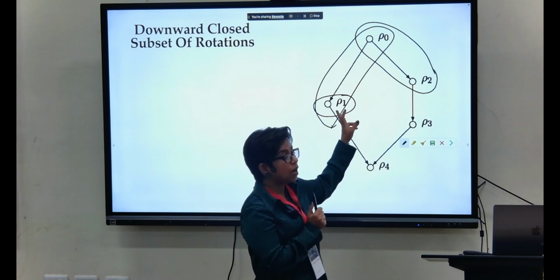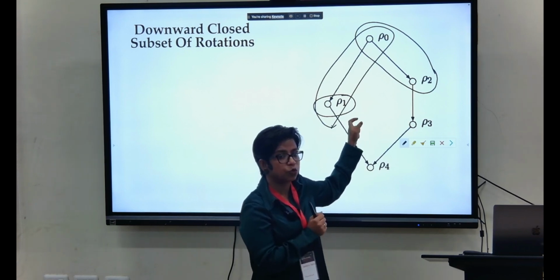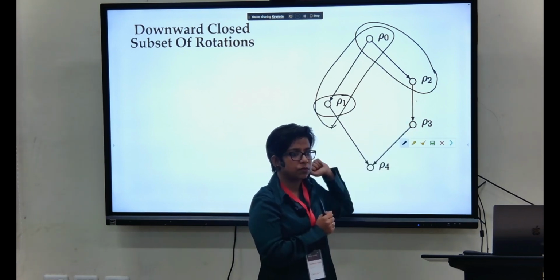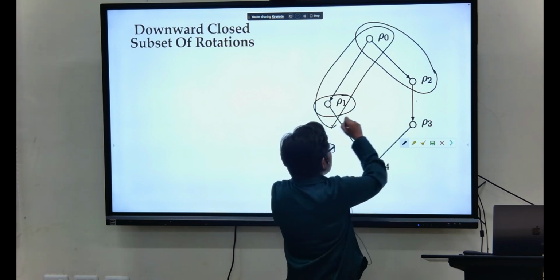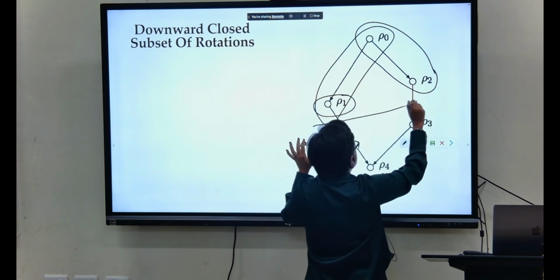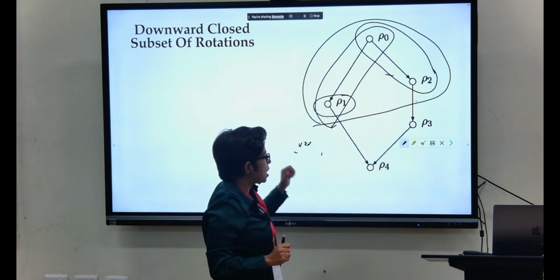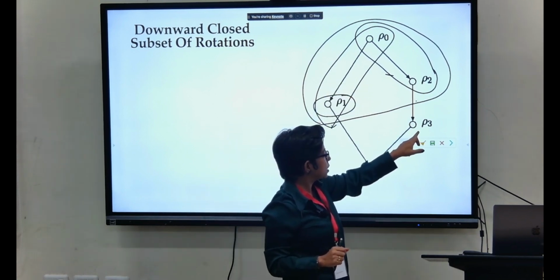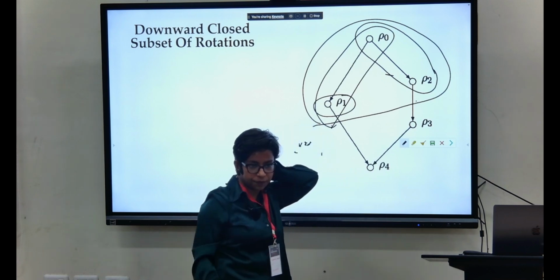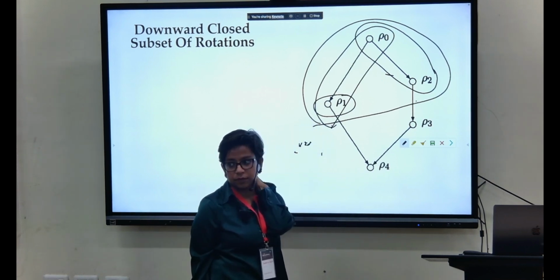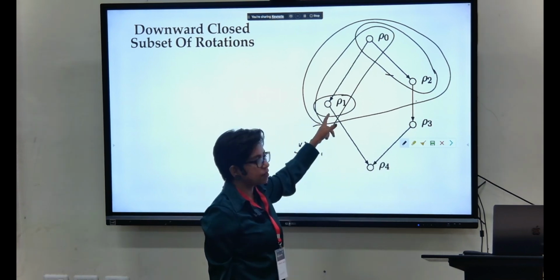Okay. What is the closed subset containing both rho 1 and rho 2? I am saying a closed subset that contains both rho 1 and rho 2. Yes, you have to have this thing. That would be it. Can you tell me what is a closed subset containing rho 3? Right. I do not even have to look at rho 1.